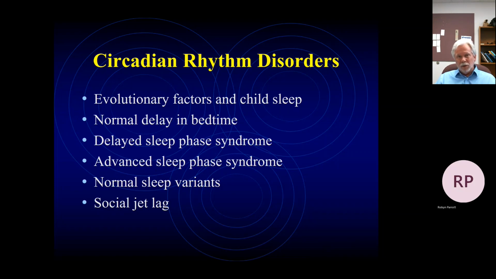Advanced sleep phase syndrome might be the person who wakes up too early at 4:30 or so, and is wide awake and wonders why no one will get up and do things with them. Or is the boring person who becomes sleepy at 9 p.m. and no one wants to date because of that.